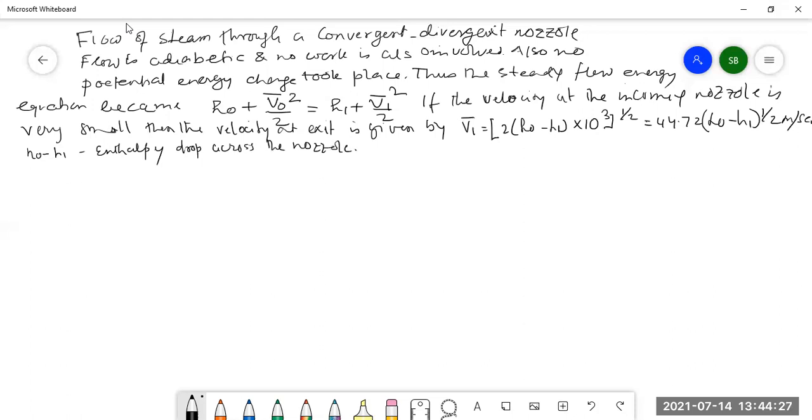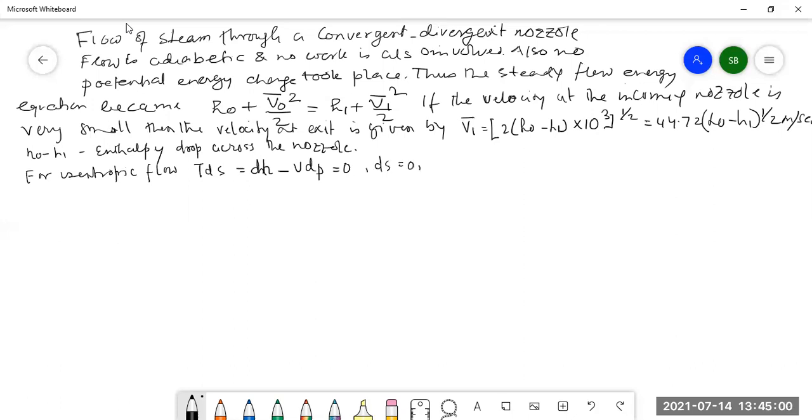Now, for the isentropic flow, we have the equation T ds equal to dH minus V dP equal to 0. We know that it is isentropic, so ds is equal to 0.